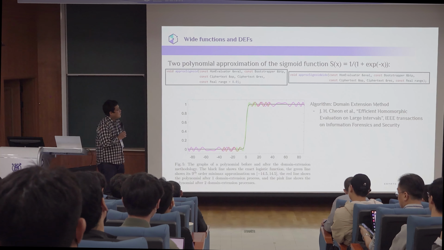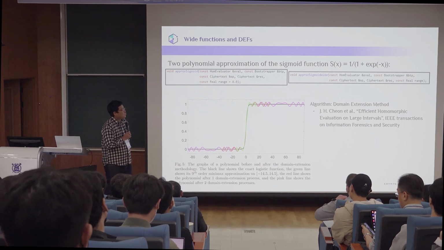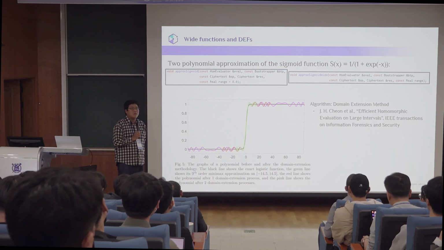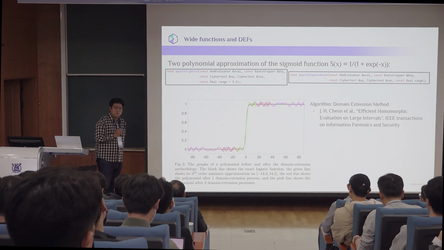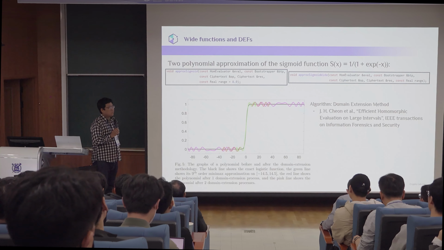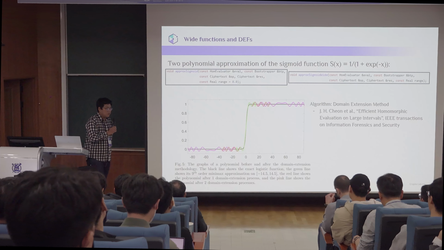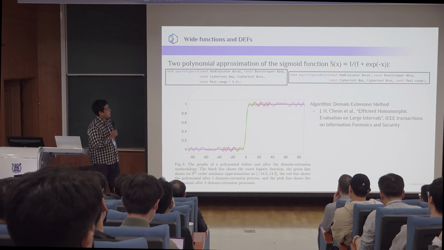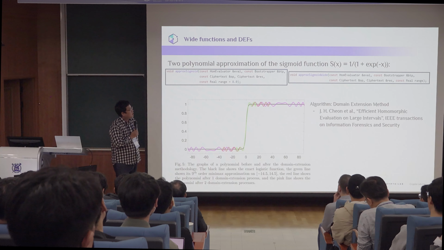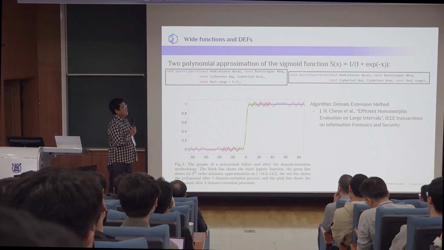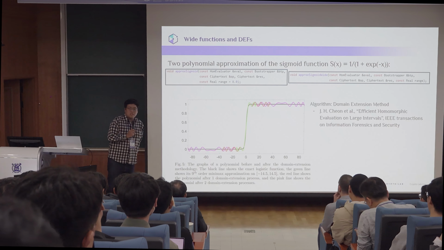So basically, our algorithm is a domain extension method. Mathematically speaking, it's just precomposing some kind of domain extension function before evaluating the actual sigmoid function in this case. Basically, this works like this.